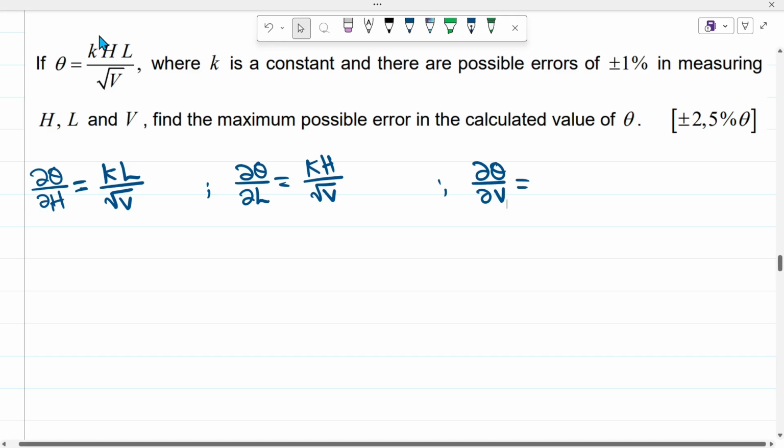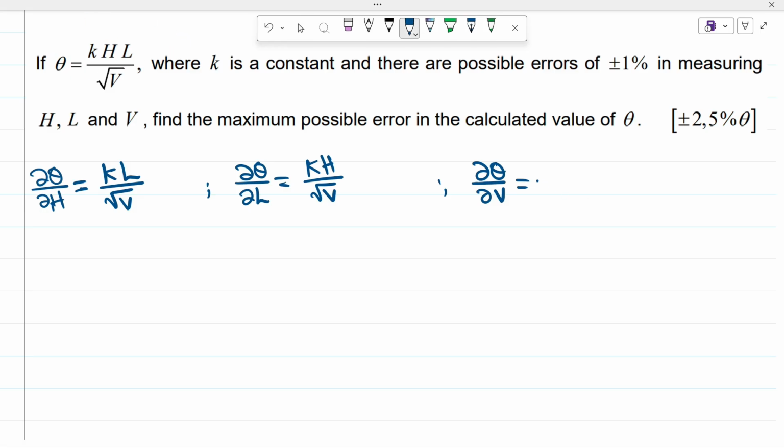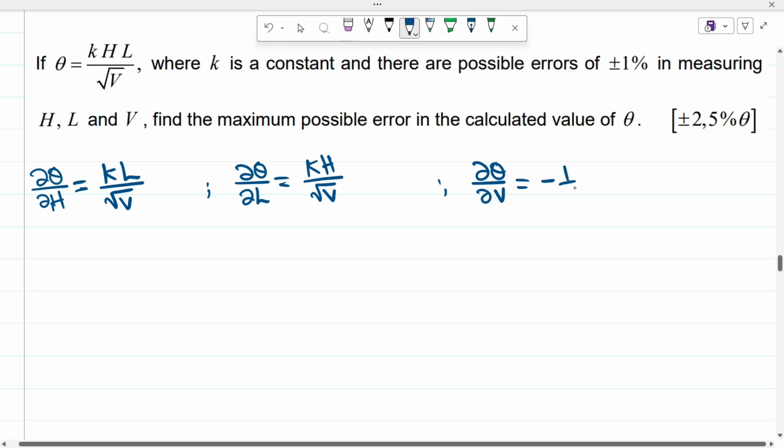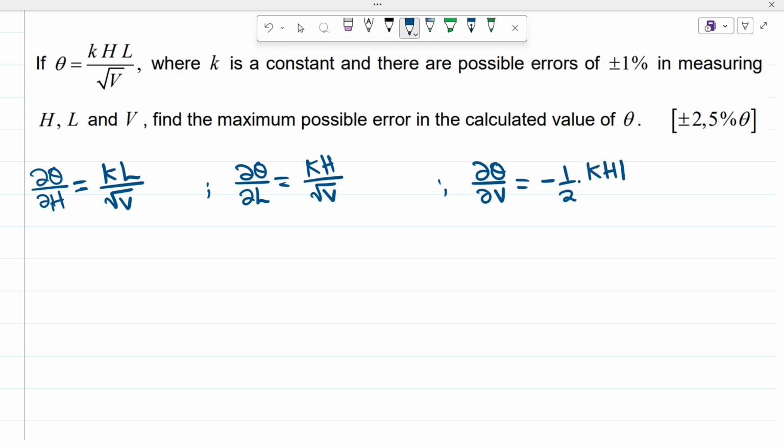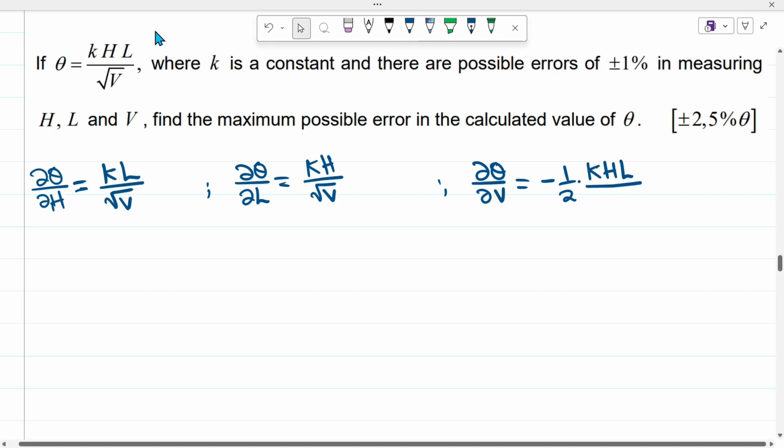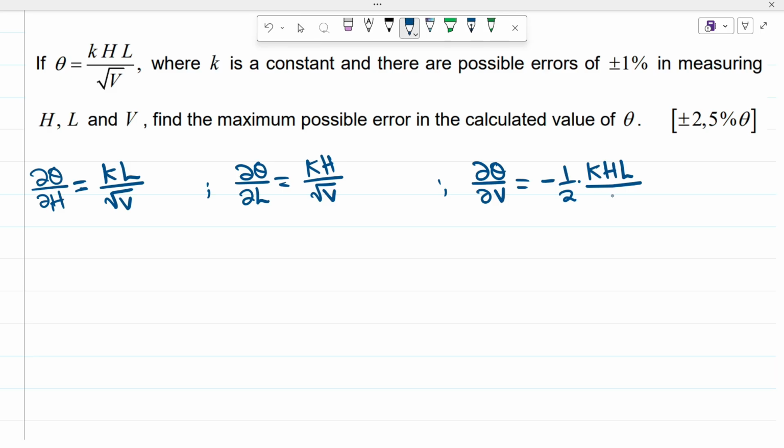Then we differentiate and you will get negative 1 over 2 khl divided by v to the power 3 over 2. Remember v here is v to the power negative half, so if you subtract 1 from negative half, you get negative 3 over 2. We write that in positive exponent, meaning we take v down, it becomes v to the power of 3 over 2, just like that.